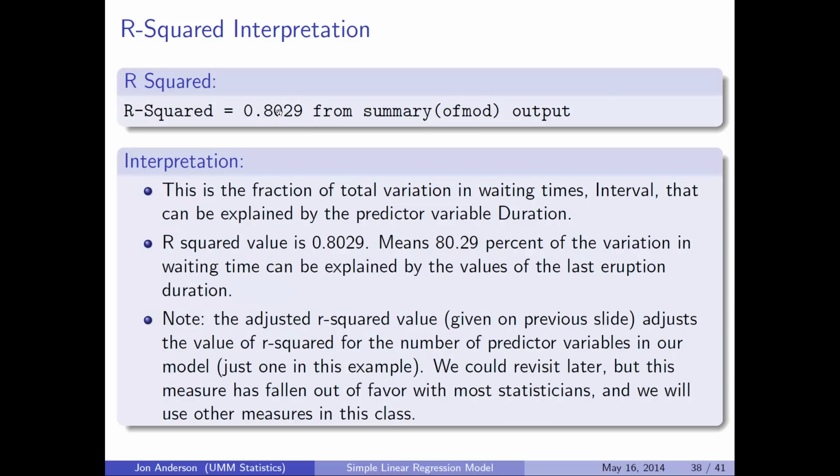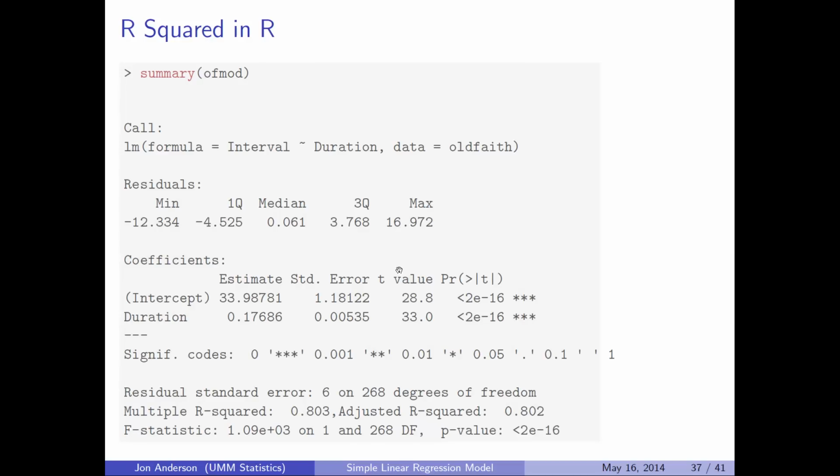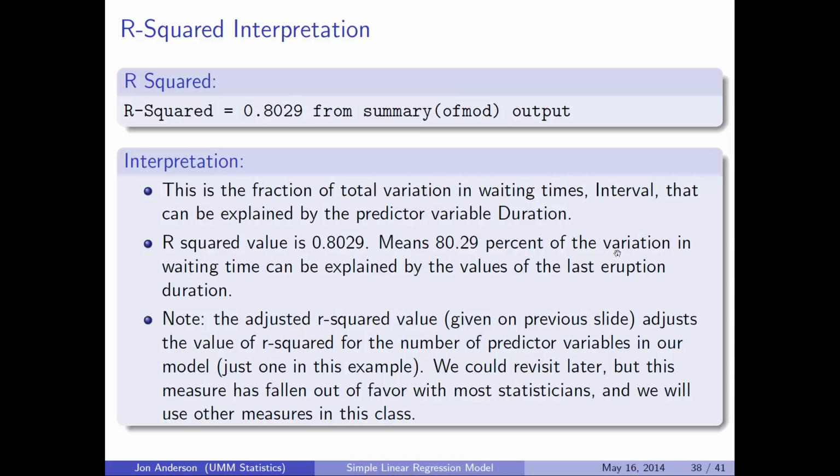What does it mean? Well, this is a fraction of variation in the waiting times that can be explained by knowing how long the last eruption was. I'm looking for you to use this second bullet in your answers on quizzes and homeworks. It means that 80.3% of the variation in the waiting times can be explained by the values of the last eruption duration.